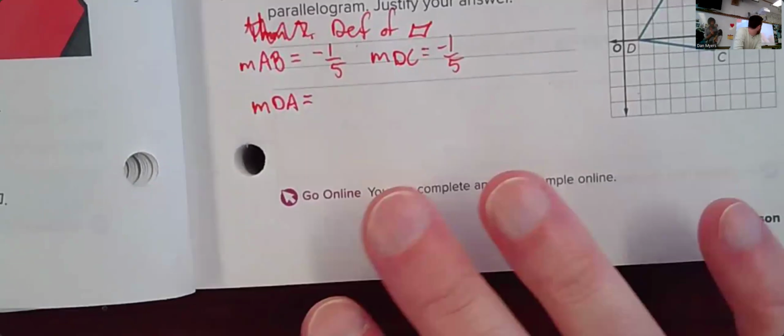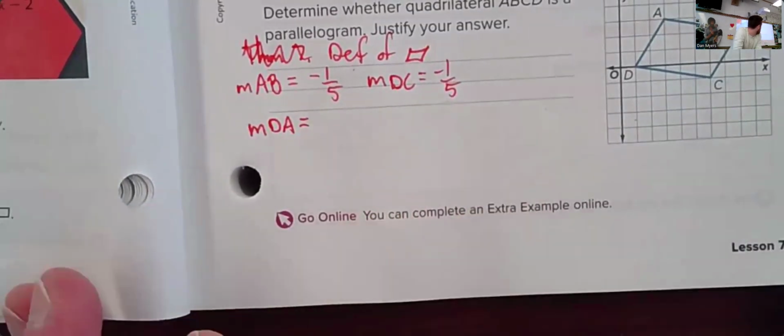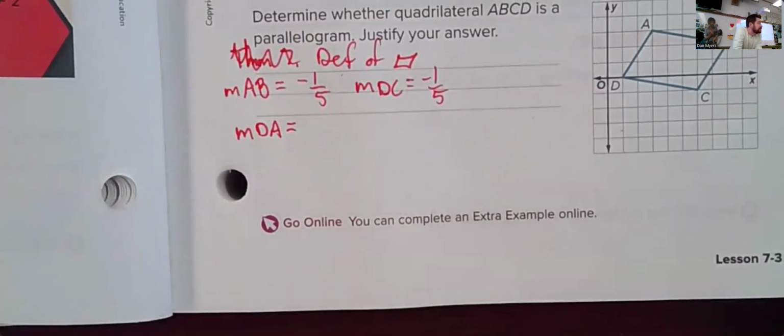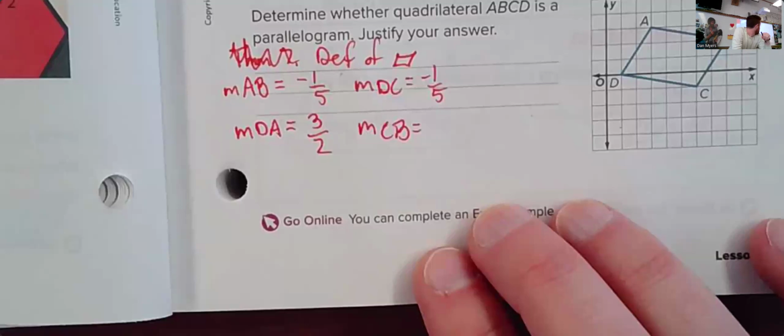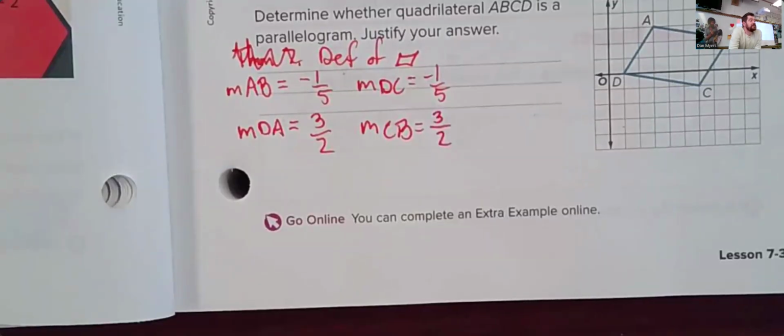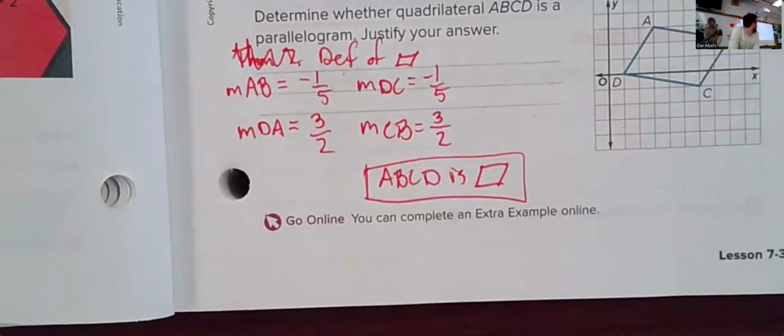To get from D to A on that graph, what's our slope? 3/2, up 3 to the right 2. So 3/2. Slope of CB? 3/2. Are the opposite sides parallel? Yeah. So ABCD is a parallelogram.